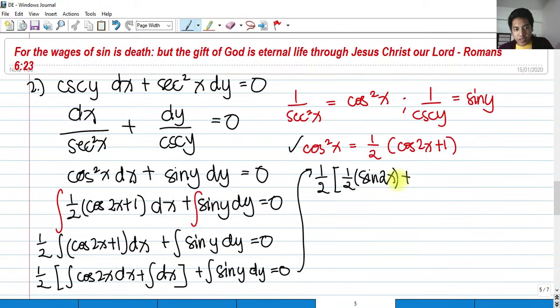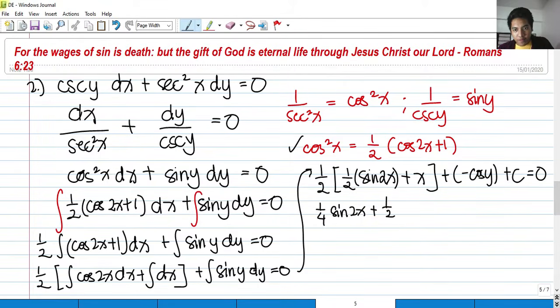Plus the integral of dx is simply x, and plus the integral of sine of y is actually negative cosine y, and we have plus c is equal to 0. So if we distribute 1/2, you have 1/4 sine 2x plus 1/2 x minus cosine of y plus c is equal to 0.